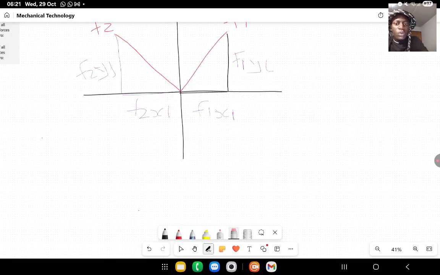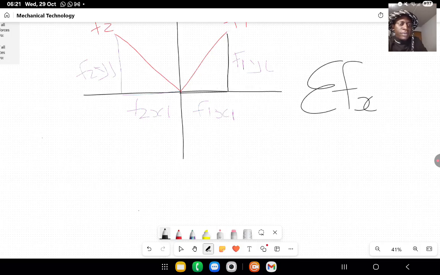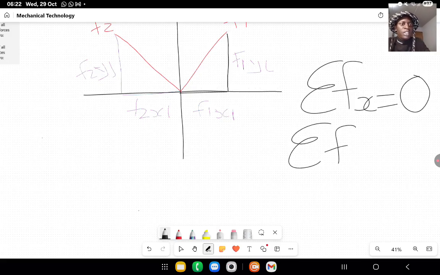So what we are trying to say is that the sum of forces at x must be equal to 0. The sum of horizontal forces must be equal to 0 and the sum of vertical forces must be equal to 0. And now we have our vertical forces and our horizontal forces. Okay, now we are going to generate our formula.